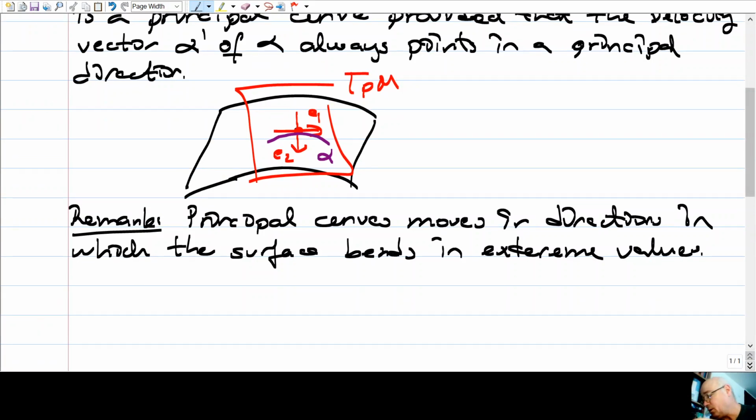Therefore, principal curves always move in those directions in which the surface bends either the most or the least.